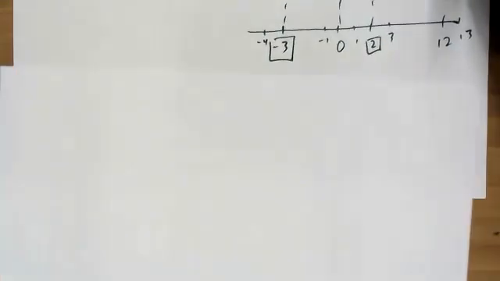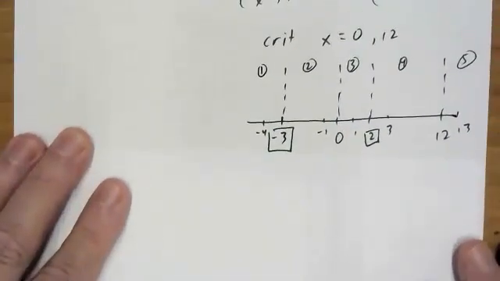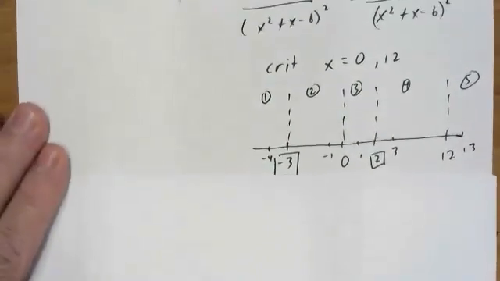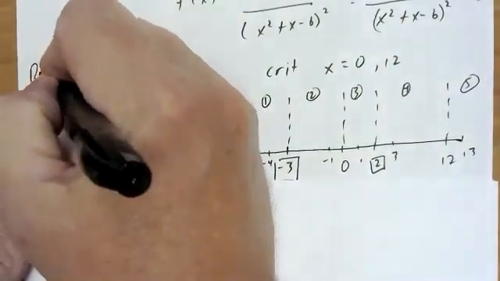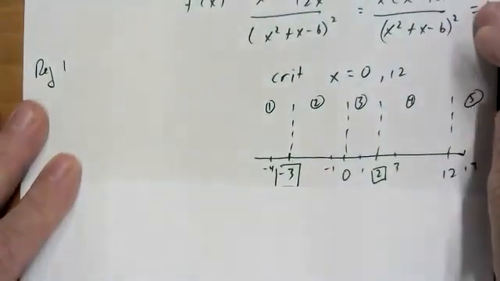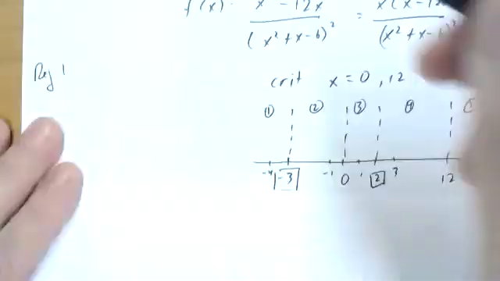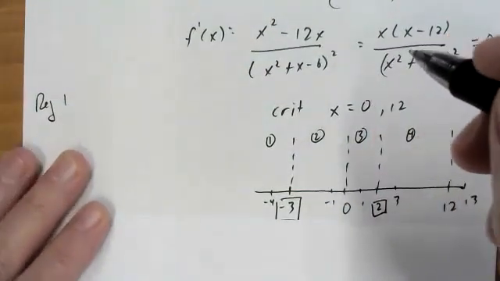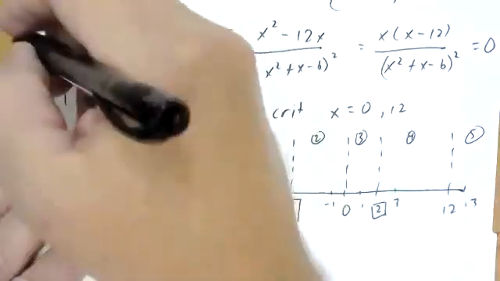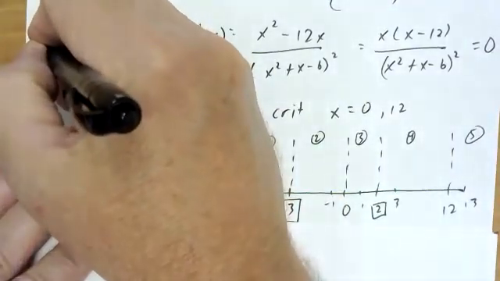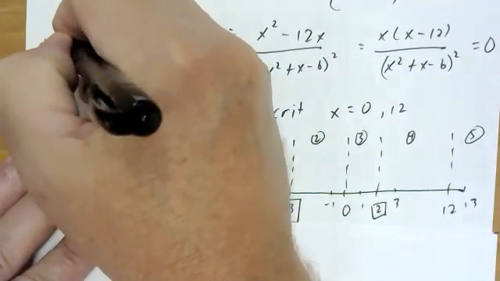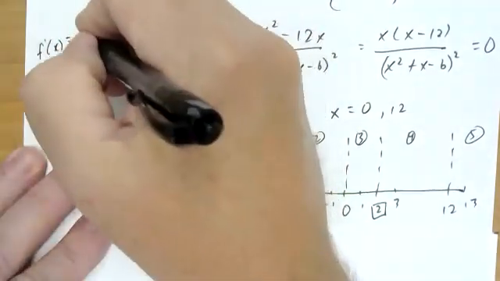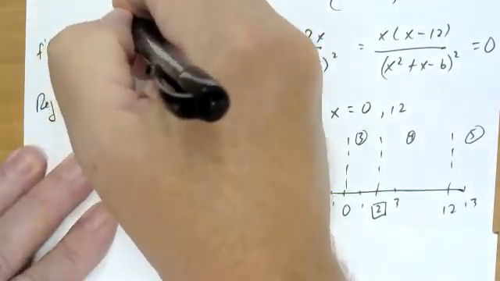So I've got to go now and look at the first derivative in each region. I'm going to try to do this quickly. So here's my first derivative: x times x minus 12.